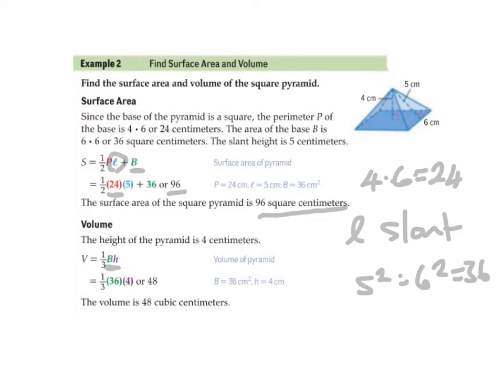So the 36 just comes down. The H, this time, is the perpendicular height, or altitude if you're in a plane. So again, calculator, 1/3 times 36 times 4, 48, but this time it's cubic centimetres, so make sure you put the right units in.